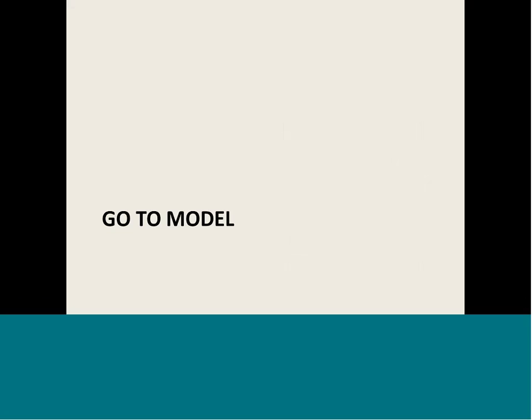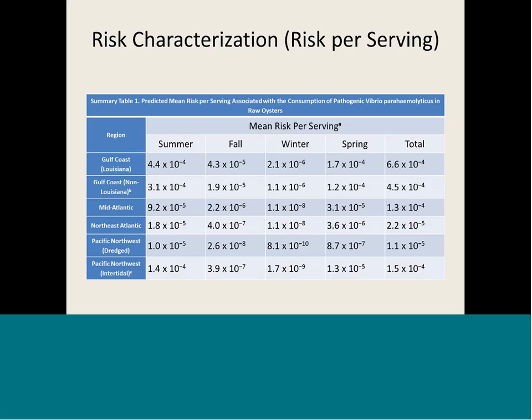Now let me jump back and we'll finish up a look at this and go to your questions. We've taken a look at the model, and what I would like you to know is when the FDA did this, you'll notice this is a table from their risk assessment results. The rows are different parts of the United States. The columns are different times of the year. And what you're looking at here is the expected risk for a serving of oysters.